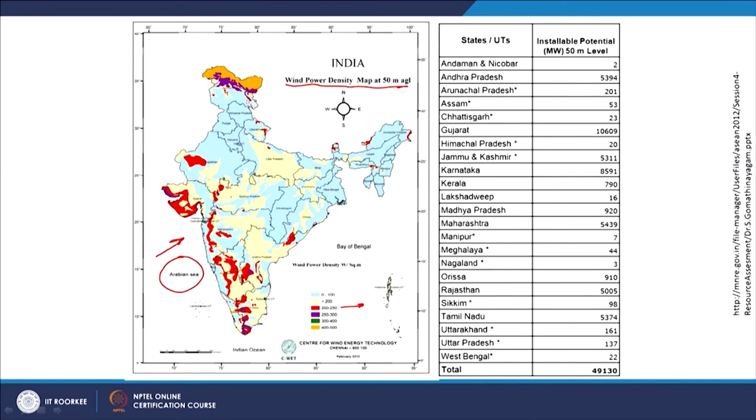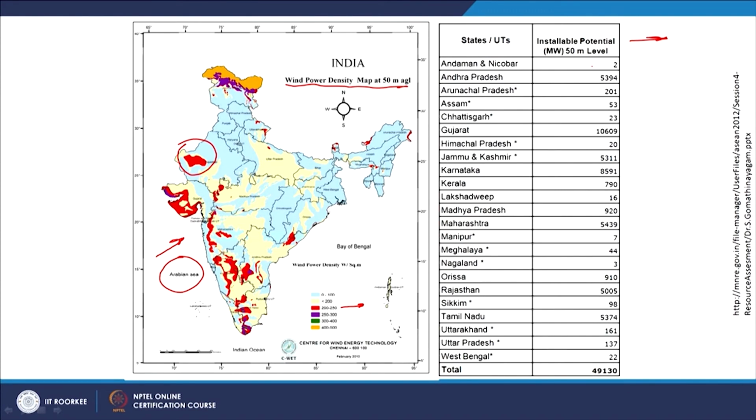So you see many parts of Gujarat, Maharashtra, and other states like Tamil Nadu and Kerala, and also a large part of Rajasthan. A lot of wind farms have come up there, and this is the installable potential which has been estimated. Of course, in this calculation the digital elevation model has played a very important role.